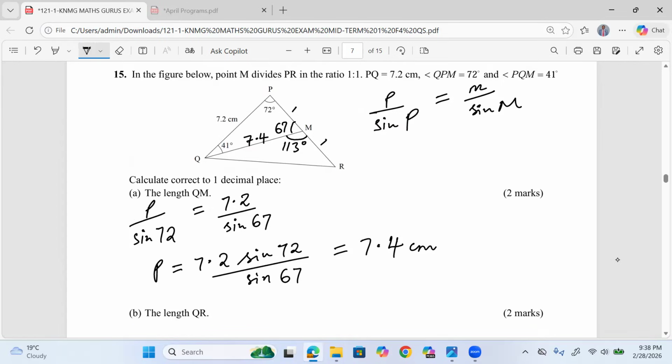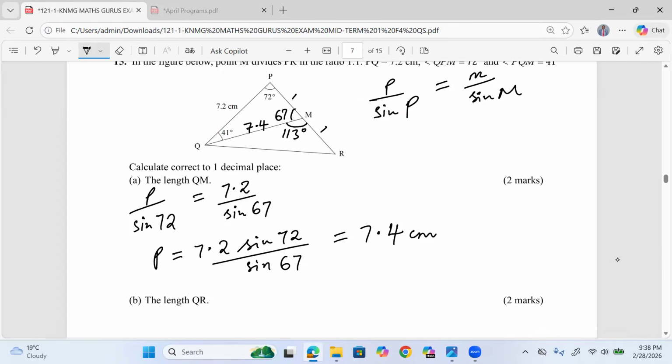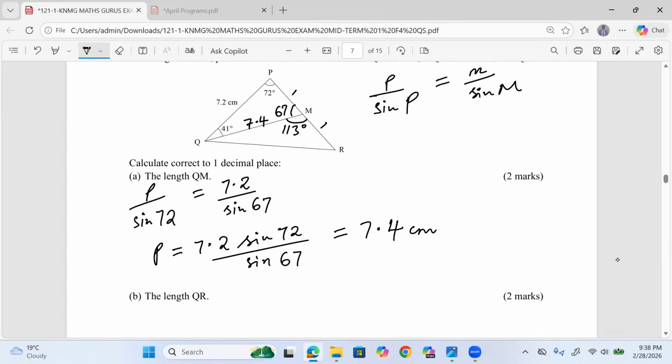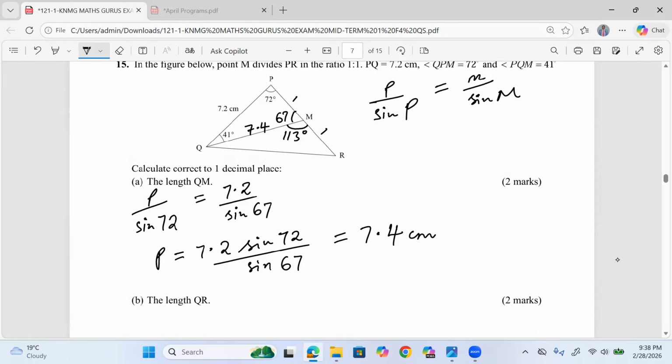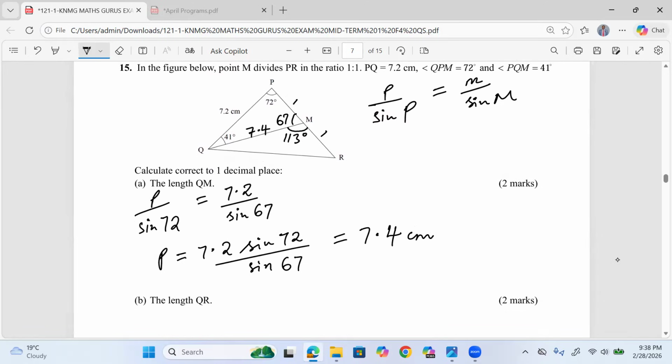Now, can we work out the length PM first? We can use either cosine rule or sine rule, because in this particular triangle, the first one, PQM, we have two sides and all the angles known, meaning that finding the missing one is very easy.